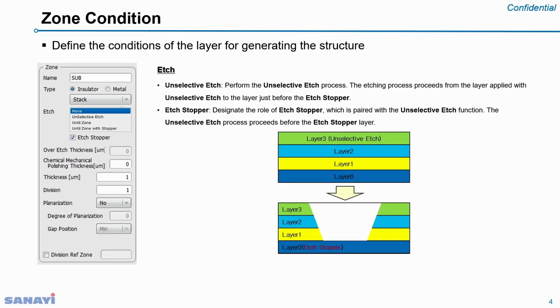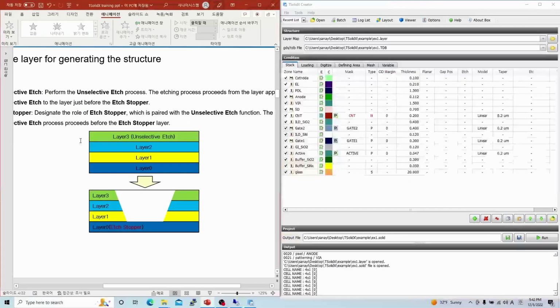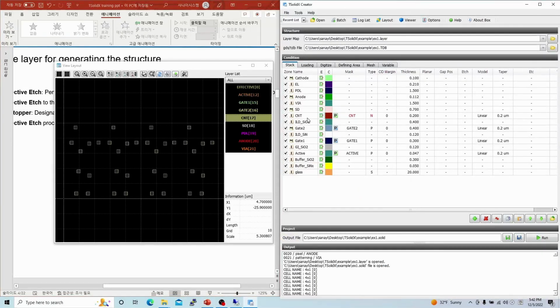Then, etching proceeds until just before the layer for which the etch stopper is checked. Therefore, unselective etch should be applied to the CNT layer, and for these 3 insulator layers, pores should be created in the form of a CNT mask. Therefore, the etch stopper should be unchecked.